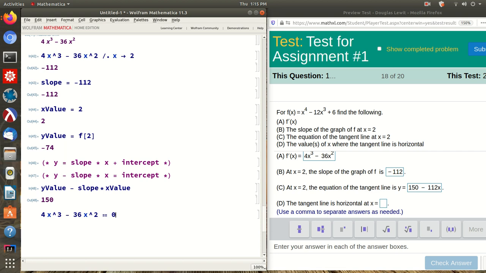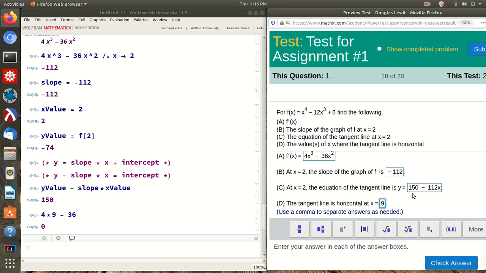We'll divide everything by x squared, assuming that x is not equal to 0. Then you're going to end up with 4x minus 36 is equal to 0. Well, 4 times 9 minus 36 is equal to 0. So the tangent line is horizontal at x is equal to 9.